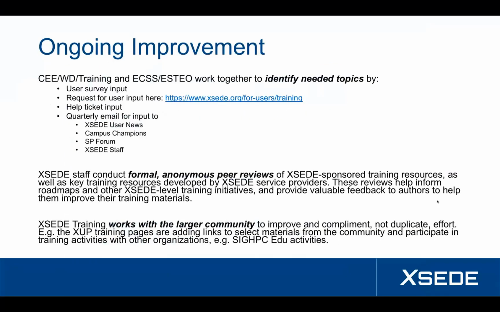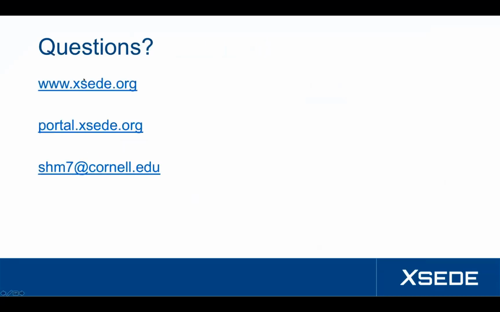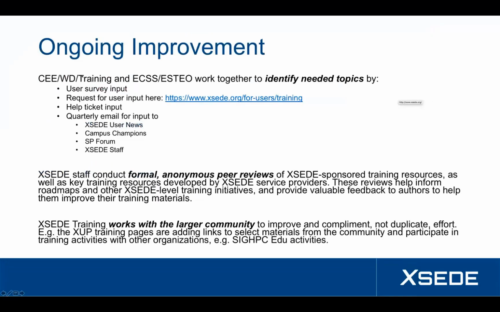There are also a number of things that we're doing to improve both the materials themselves, which materials we're offering, and information for people who are trying to select what to use. So the training group is working with the ECO group to identify what new training topics are needed, and we're trying to collect information in a variety of ways.